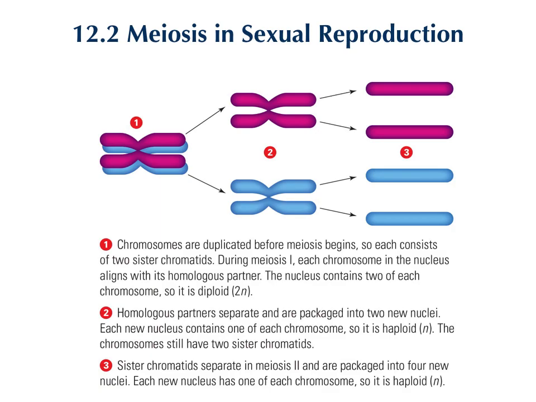So we started out with a cell that contained 23 pairs of homologous, or matching, chromosomes. One was inherited from the person's mother, which we will see here as pink, and one was inherited from the person's father, which we will see in the picture as blue. Now, rather than representing all 23 chromosome pairs, we're going to look at what happens with only one of the chromosomes.